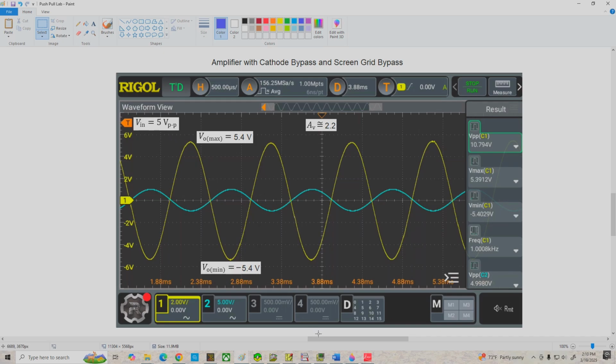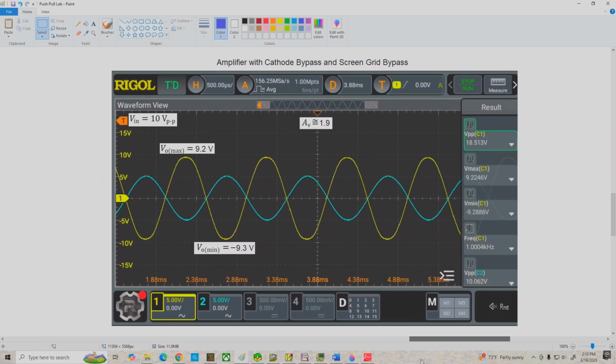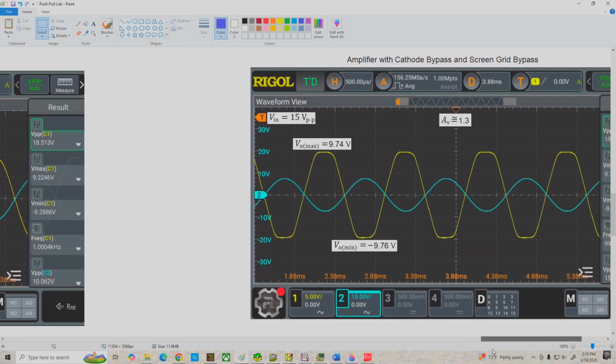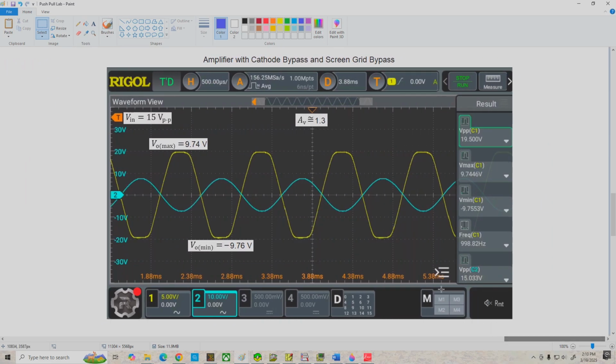Now, if we increase our input to 10 volts peak to peak, we can see that our gain does drop a little bit, but we're getting about 18.5 volts peak to peak out, so we are getting a little bit more voltage out with the screen grids bypassed. And finally, if we take it all the way up to 15 volts peak to peak, we can see we're getting relatively hard clipping.